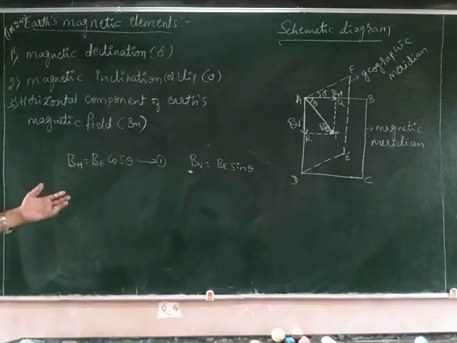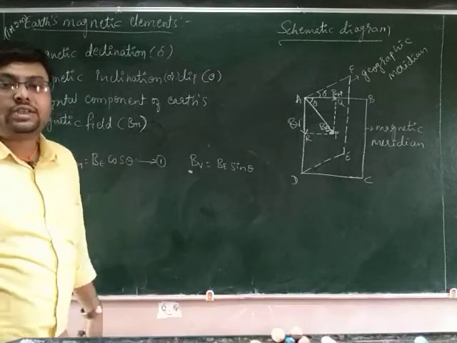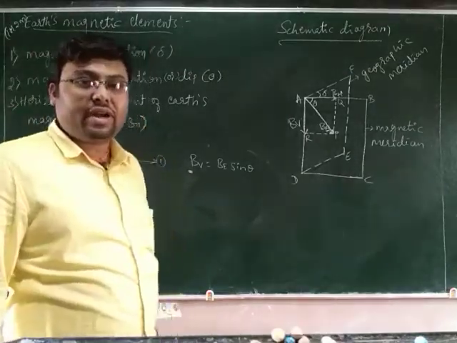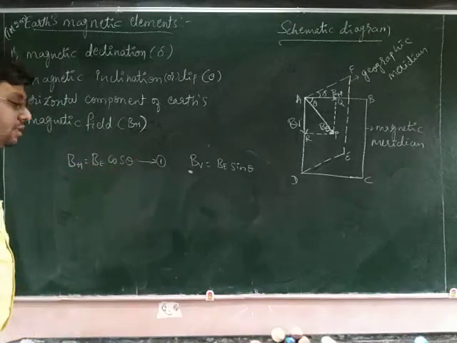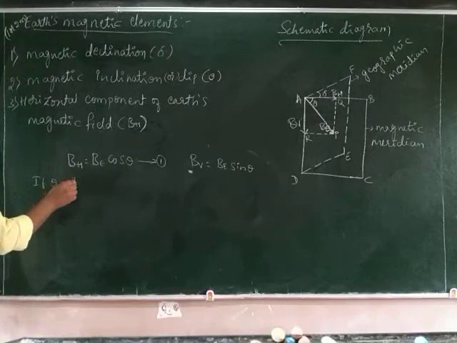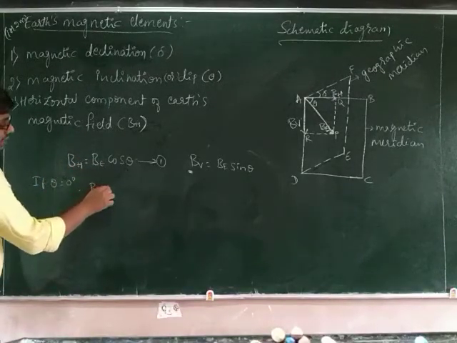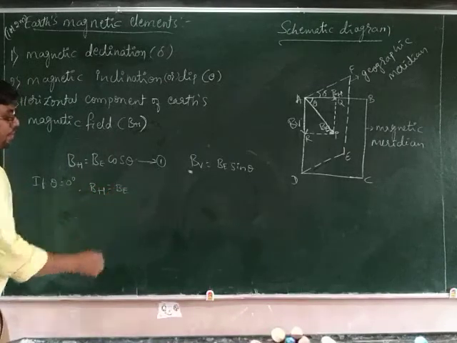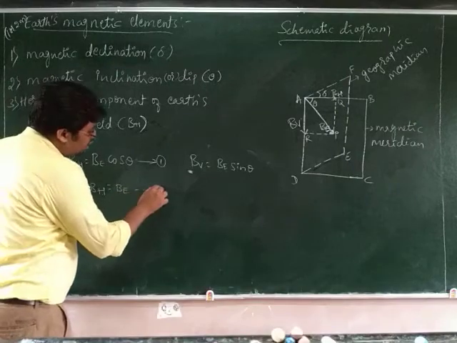So at which place can we get the maximum horizontal component of Earth's magnetic field? Just substitute different values for theta. If theta is equal to 0 degrees, then BH is equal to BE into cos 0, which is 1. So this is maximum.